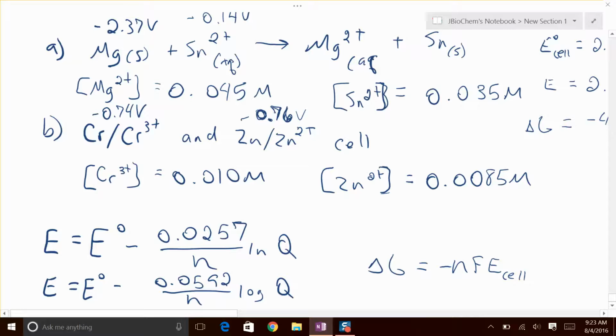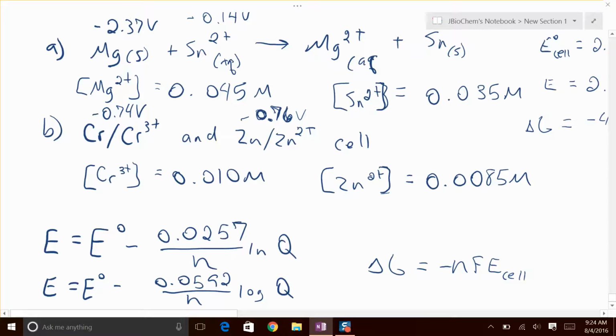Okay, so which one has a greater potential to be reduced, this one or this one? Up here, magnesium has the greater potential to be oxidized because it's more negative than tin. Which one's more negative? So this one has the greater potential to be reduced.